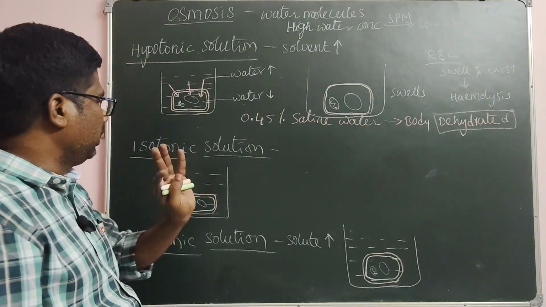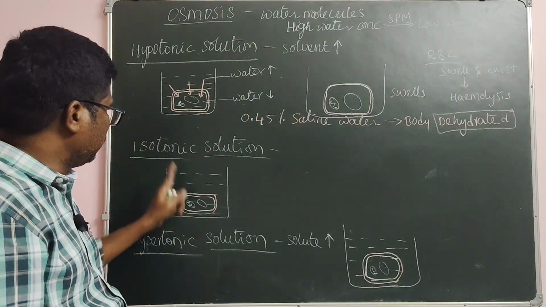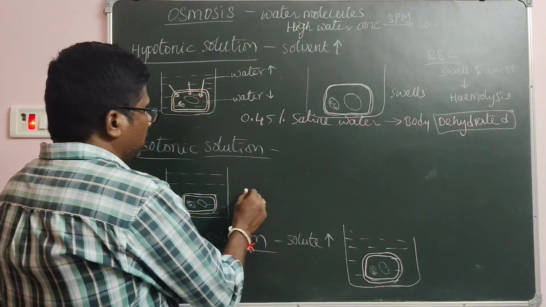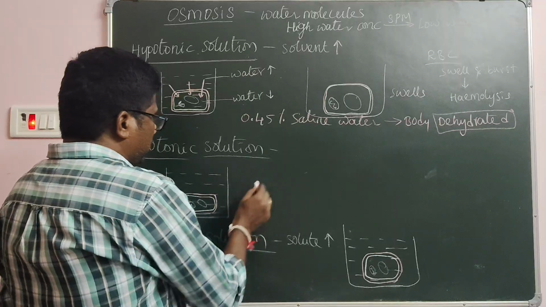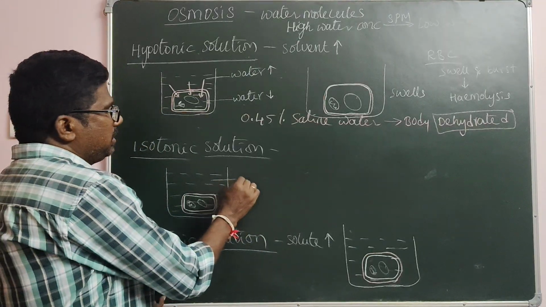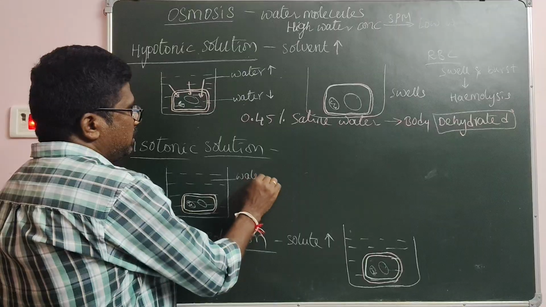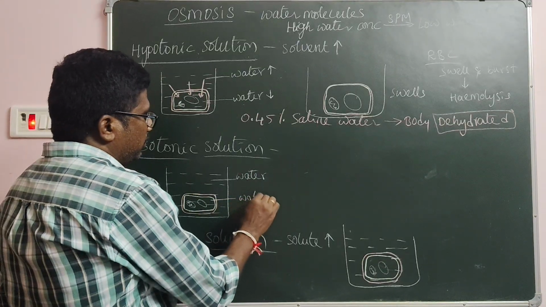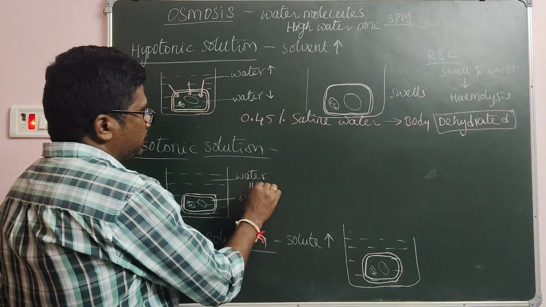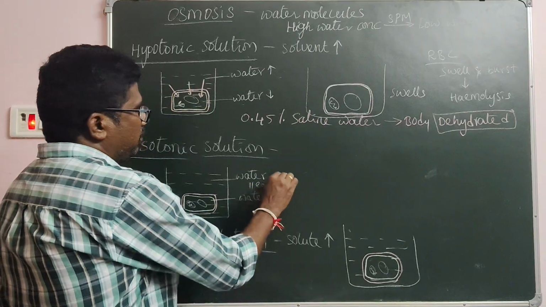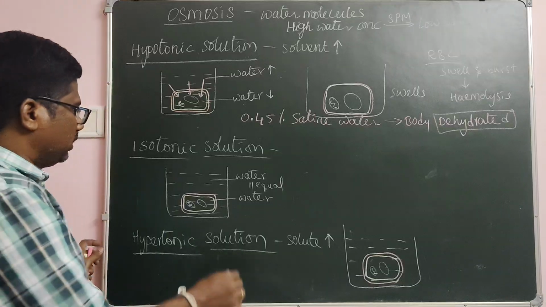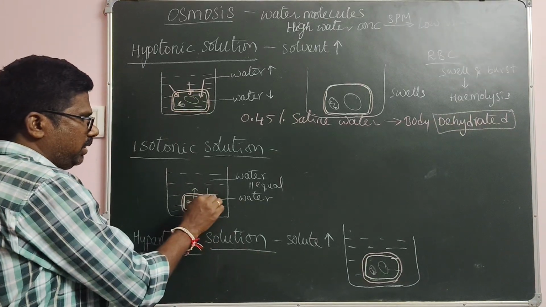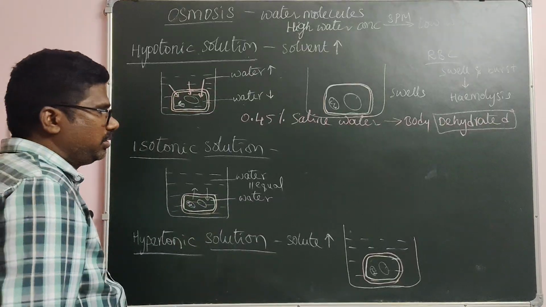And isotonic solutions. In this one also we placed a cell. What is the fate of this cell? After some time, the water concentration outside and inside are both equal. So water will be moving out at the same rate as the water entering the cell also.